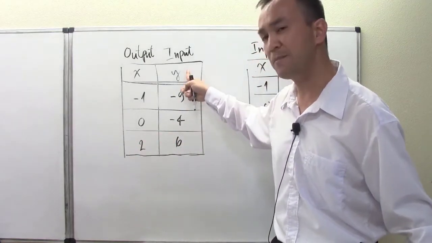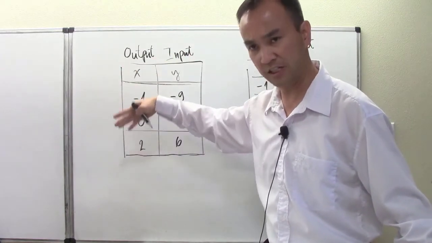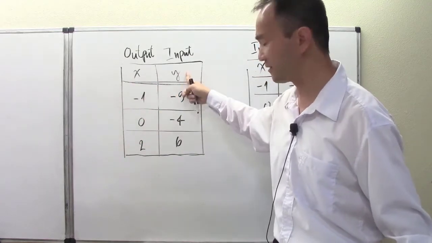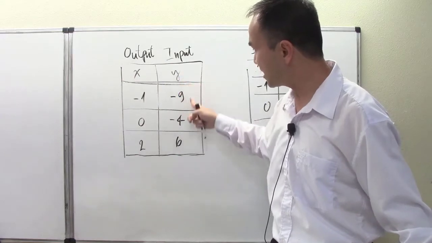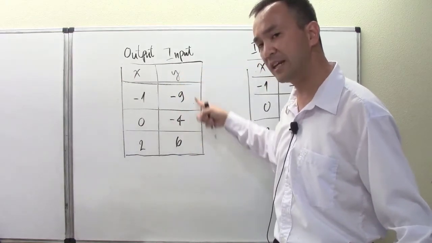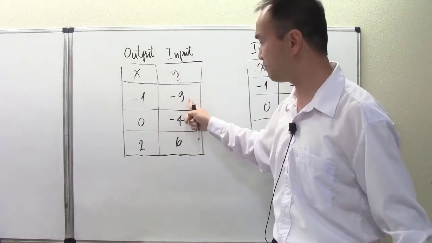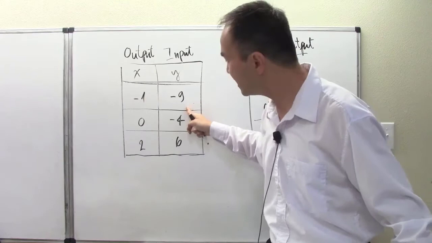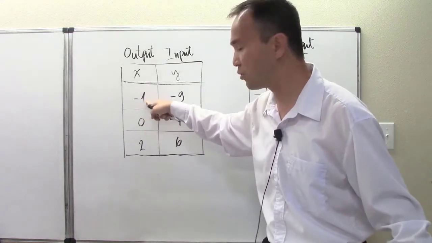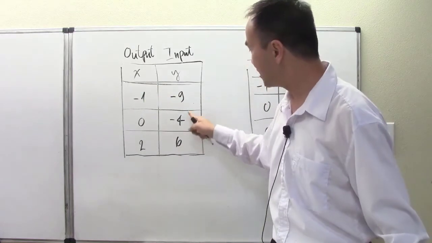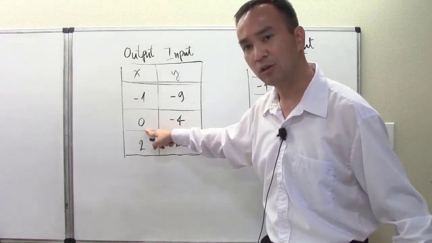But if we see just a table on its own fundamental truth, then either of the two variables listed here can be the input. So in this case, if the y variable is the input, then it's a different rule. Same table, but a different rule, pointing out how the input -9 for y determines the output x equals -1 correspondingly, and how the input -4 for y determines the output 0 correspondingly.